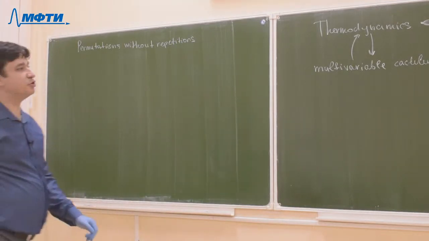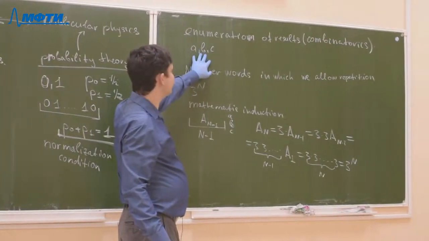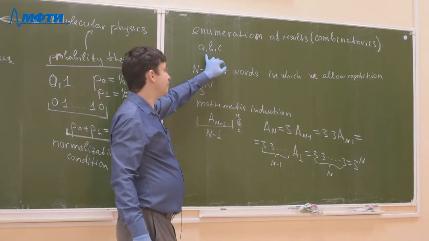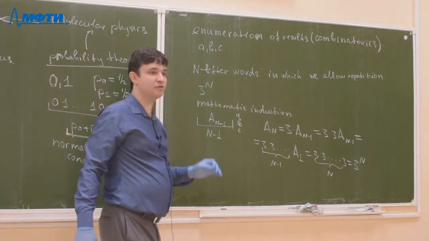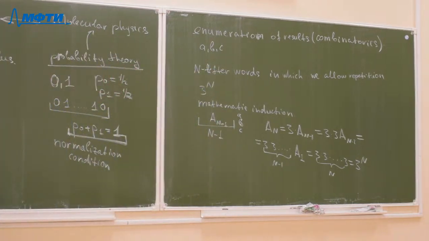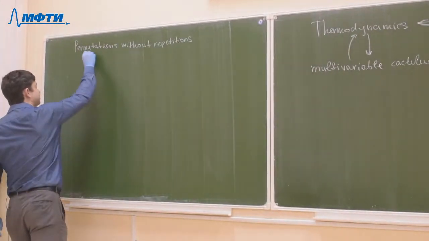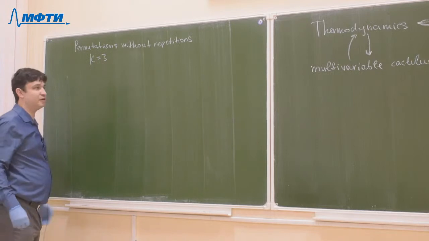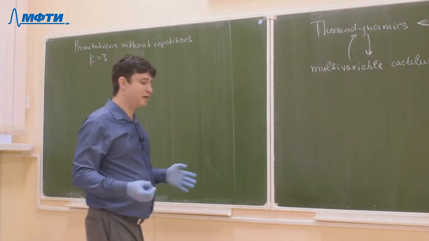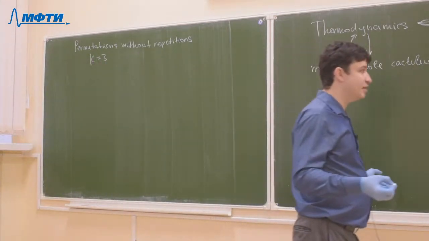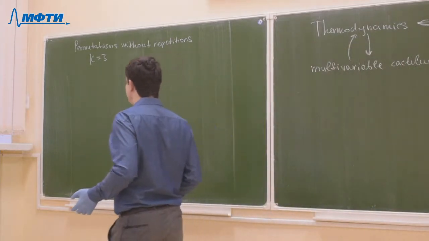So let's say we want to choose 3 letters and make a word out of them, and the word is made in such a way that any letter occurs in it only once. So the length of the word K is exactly 3. Of course, the length of the word cannot exceed 3. You cannot make a word out of 4 letters if you have only 3 of them, and you are not allowed to repeat them in the word.